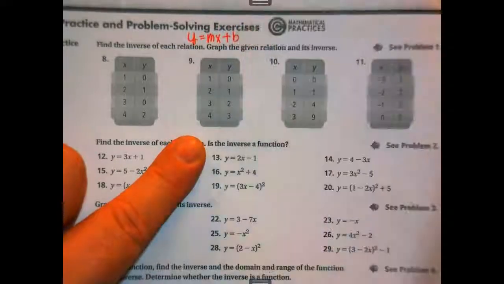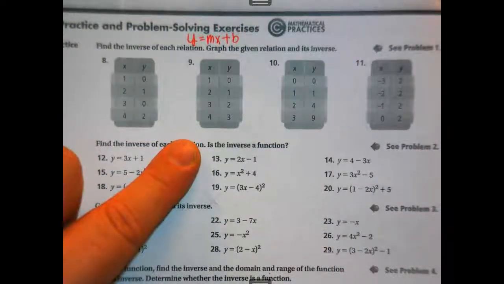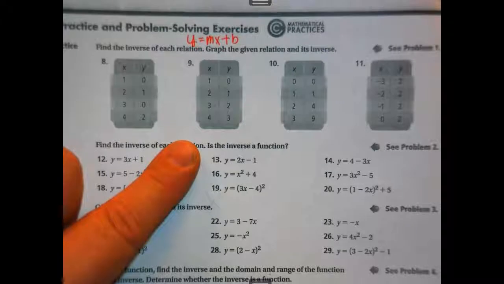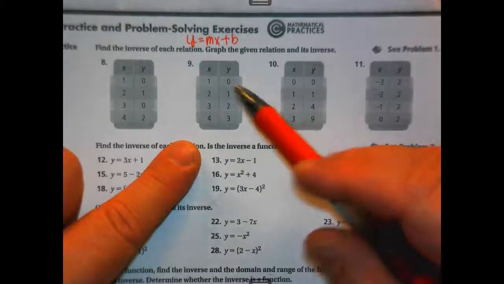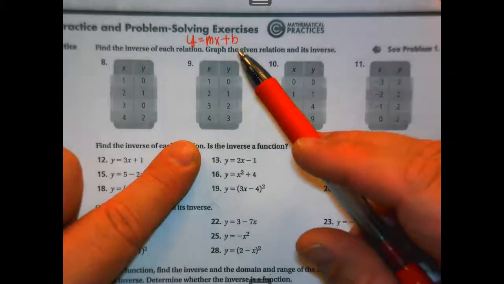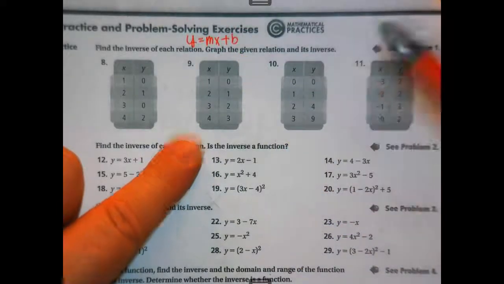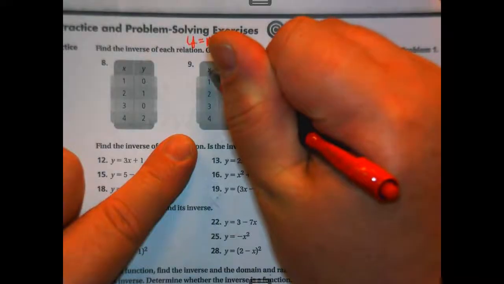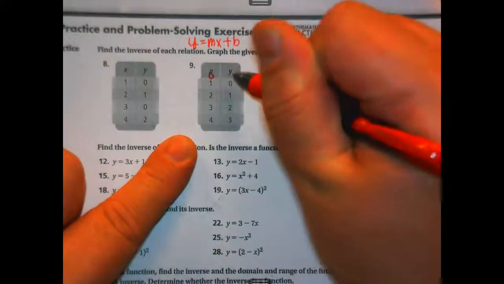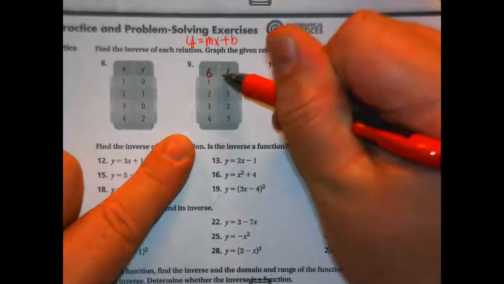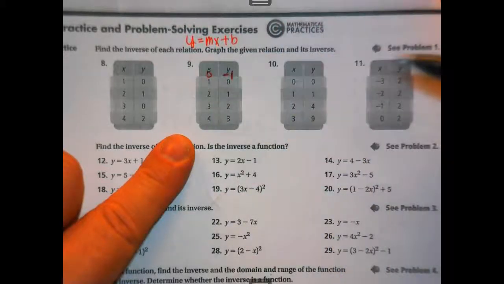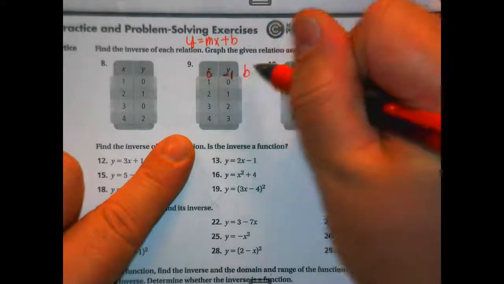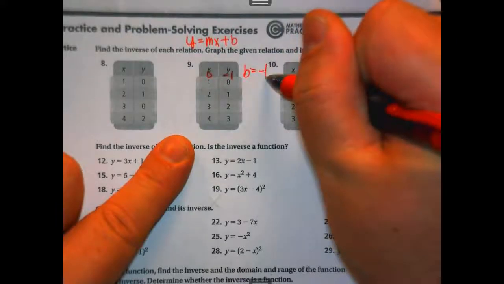I need the y-intercept to graph it, so what's b? The x has to be 0. If this x was 0, what would my y-intercept be? Careful, -1. So my b here is -1.